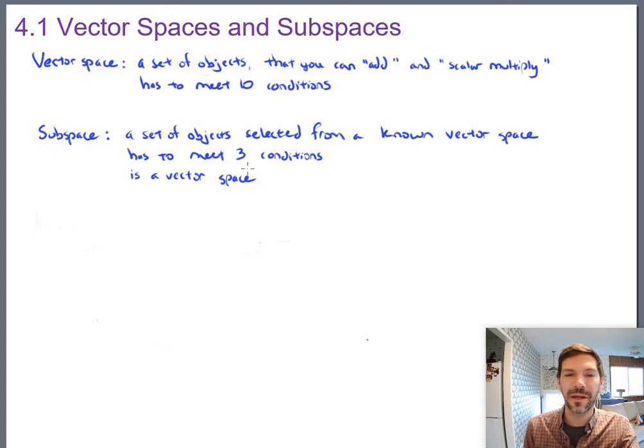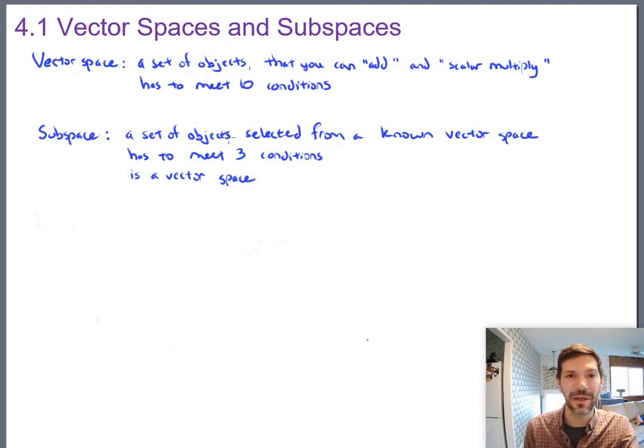So the basic idea here is 7 of the conditions will be inherited from the original vector space. Things like associative addition. But there's 3 that we have to check that may have been broken by not picking all of the objects from the original vector space.